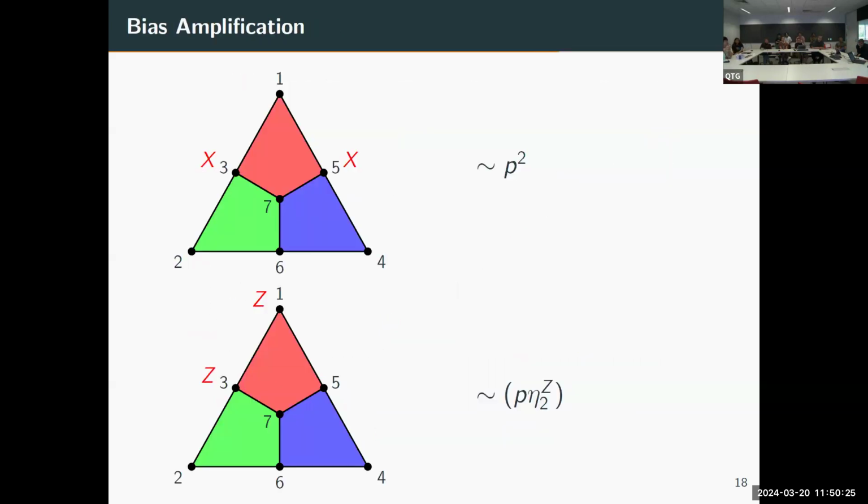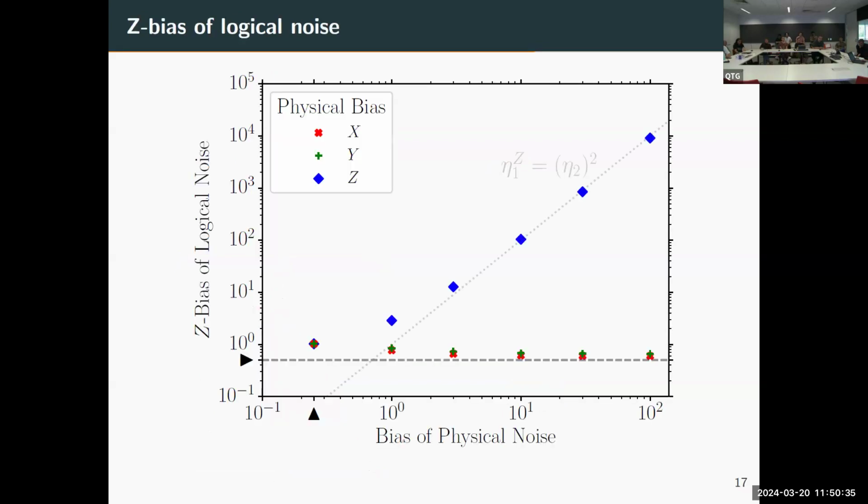If that logic is correct, then if I put an X bias into my noise and I do the Steane code, the same thing should happen. X logical bias should end up preferred. Yeah, exactly. But if I put a Y bias in, something else would occur. Yeah, it should be a logical Y bias. Oh, I'm not sure about that. Well, if you assume that X and Z are special for the Steane code because it's CSS, right?